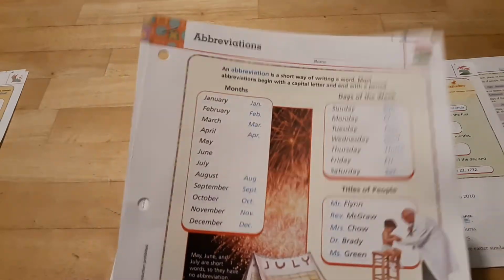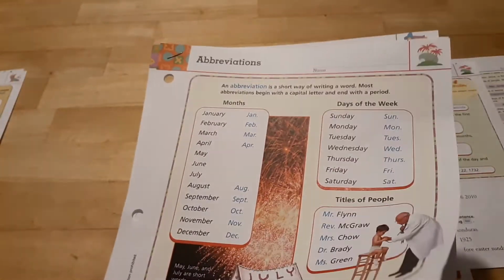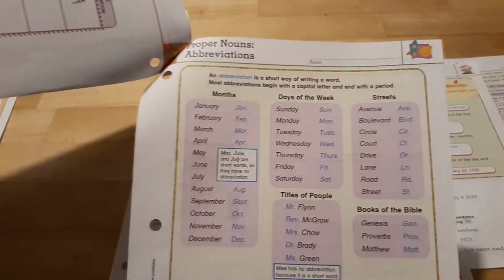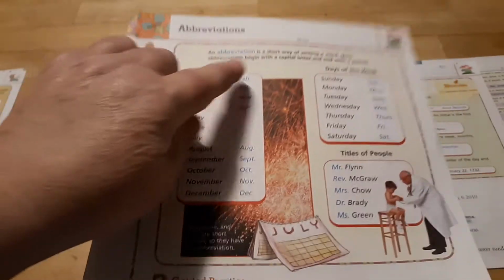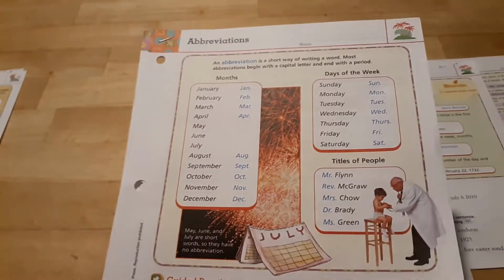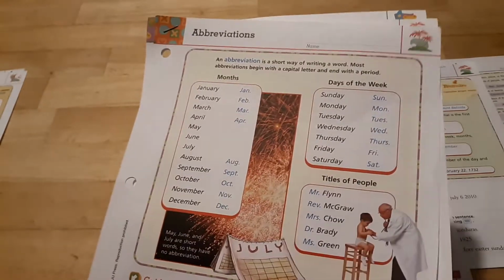So then we also have for grade 2 abbreviations. More abbreviations in grade 2. And in 3, we have abbreviations. Now we have the months, the days of the week, and titles of people abbreviation for 2nd grade.